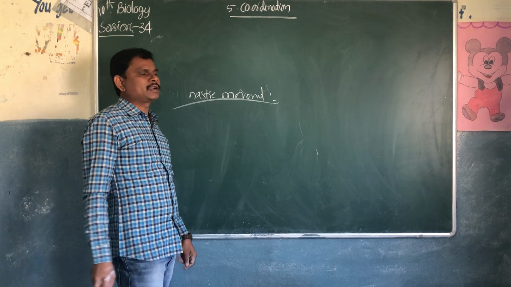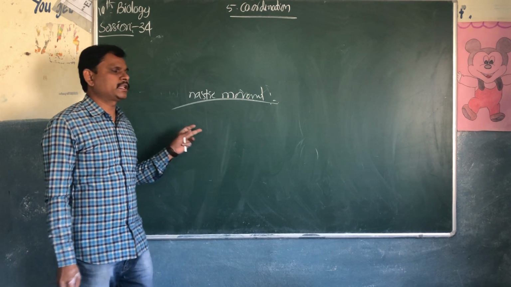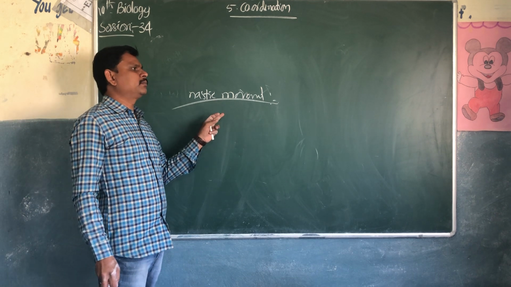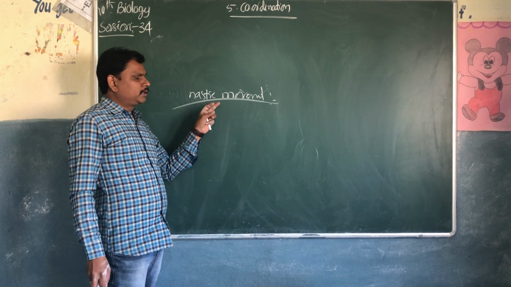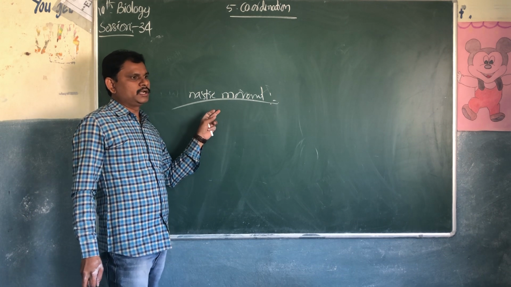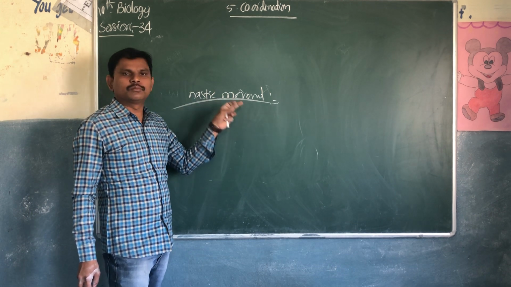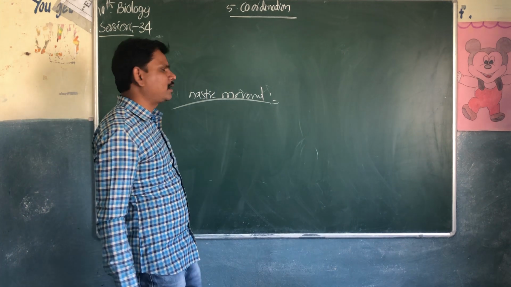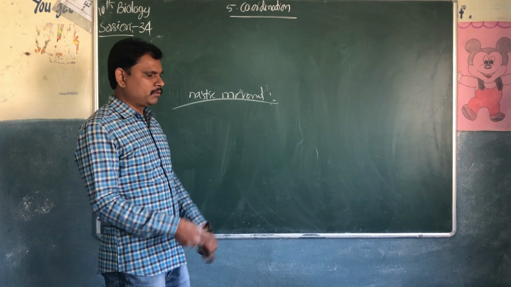Such movement is called nastic movement. Once again I am repeating: sometimes the direction of the stimulus determines the direction of the movement, sometimes it does not. Such movement is called nastic movement.